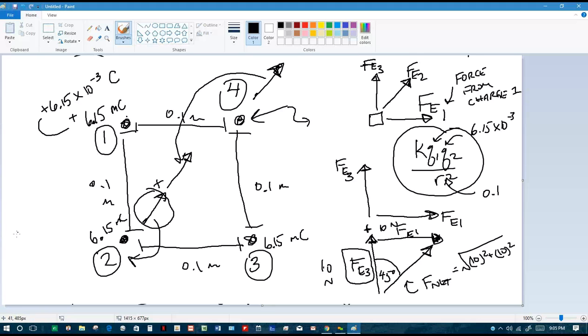And then lastly, because I have to get going, how can you work out the last part, which is charge 2 sitting here and charge 4 sitting here? If you look at the triangle I'm drawing, and you know this is 0.1 meters from here to here, and also 0.1 meters from here to here, how could you work out the distance along that diagonal?